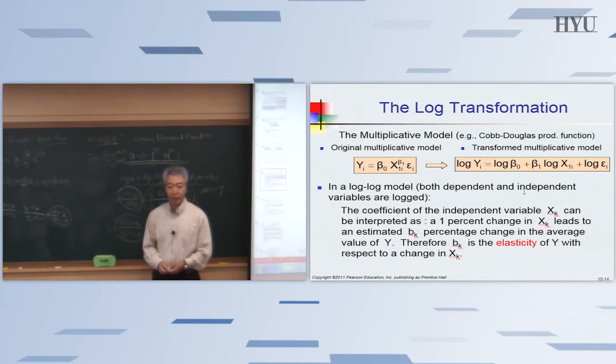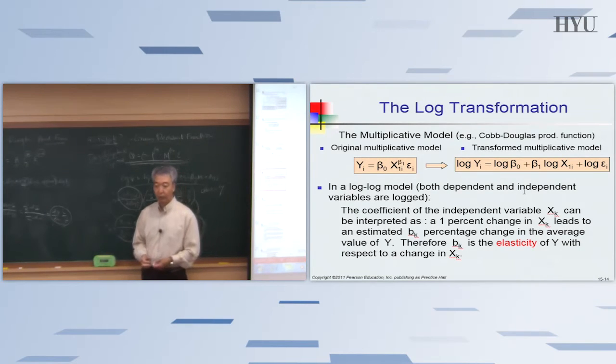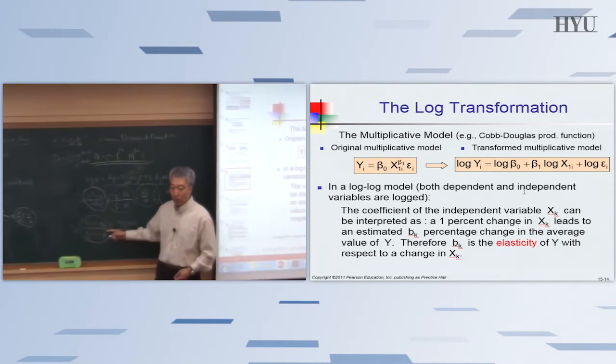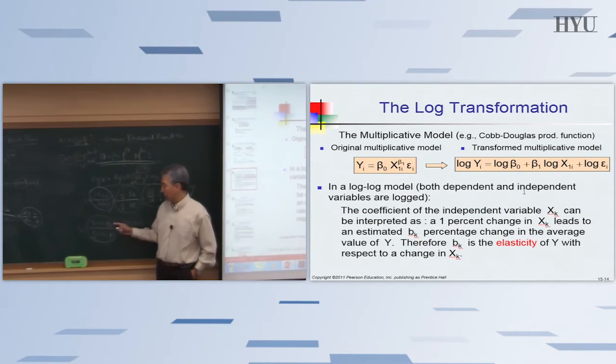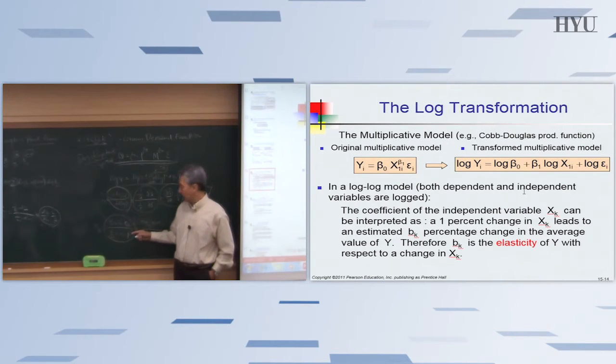Labor elasticity of output, right? You can call it labor elasticity of output. And what is the meaning? What does it measure? Price elasticity of demand measures what happens to the quantity demanded when price increases by 1%.